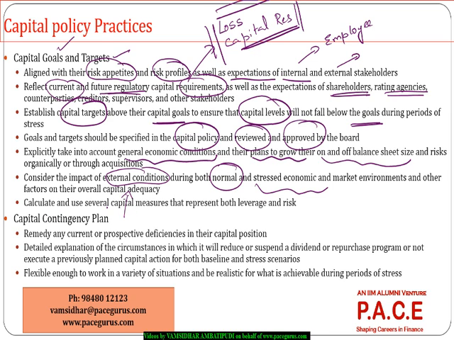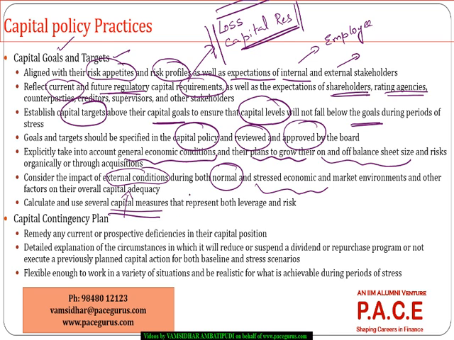So based on all these, the company should calculate and use different kinds of capital measures, which will be a reflection of both the leverage as well as the risk. So different economic scenarios, different conditions, what could be the different kinds of capital requirements that are there. So the targets and the goals need to be in line with various aspects, both within the company and outside the company.